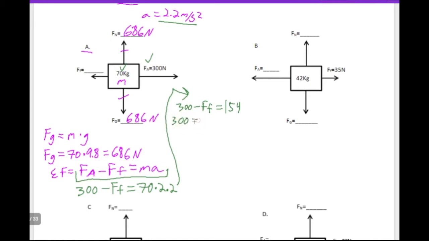So I have 300 is equal to 154 plus force friction. And now I'm going to subtract 154 from the other side. 300 minus 154 is equal to force friction. Doing that, we can simplify, and we find out that force friction should be equal to 146 newtons.